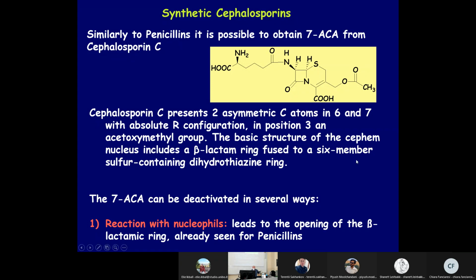So now we start with a description of the different classes of cephalosporins. But at the beginning, I want to show you the chemical stability of this class of compounds.